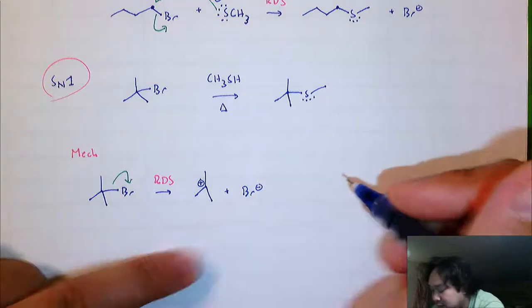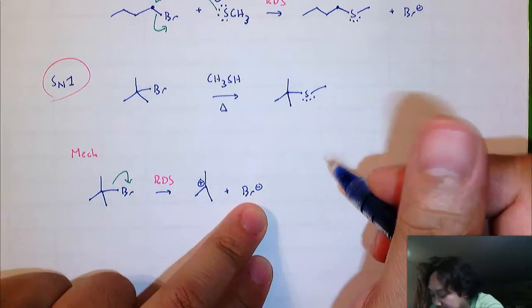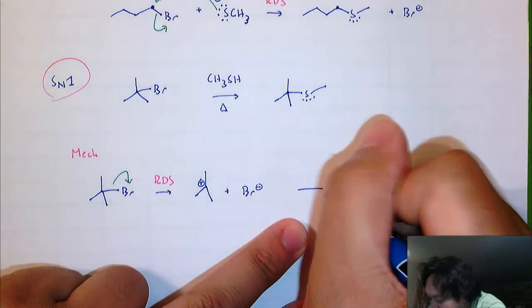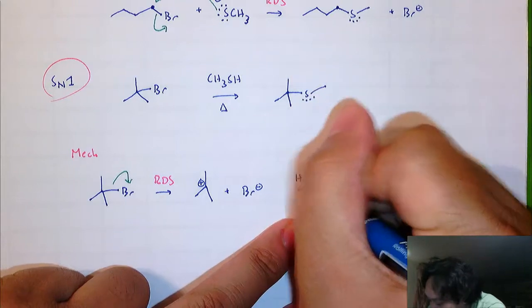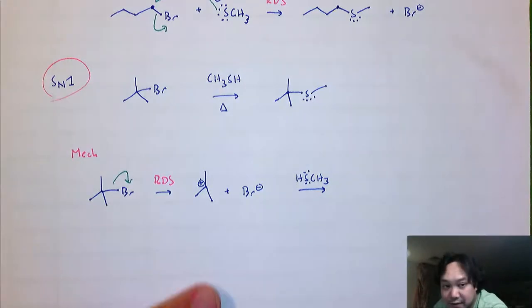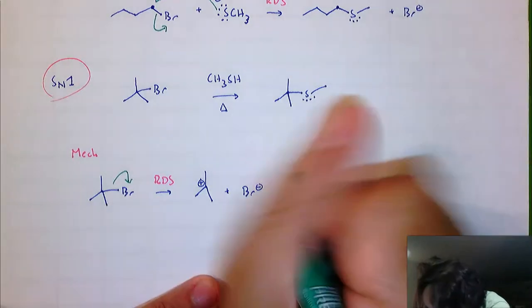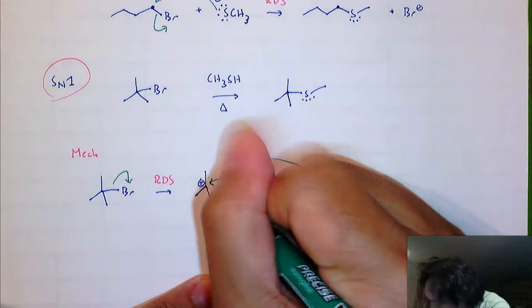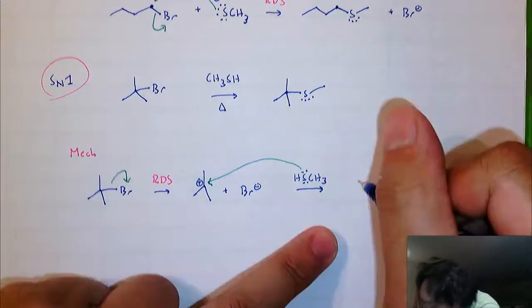Even though I'm not going to use it in the next step. In the next step, what am I going to use? I'm going to use this. And I'm drawing it backwards so the sulfur is a little bit closer. Good. Then we have this.